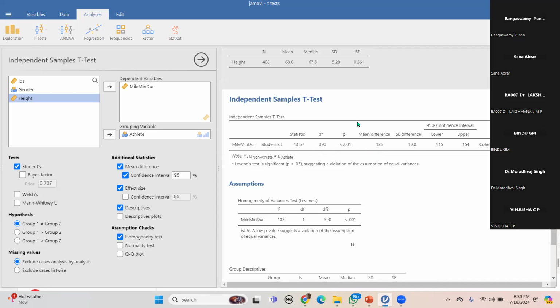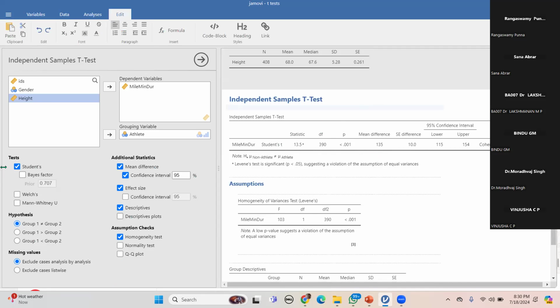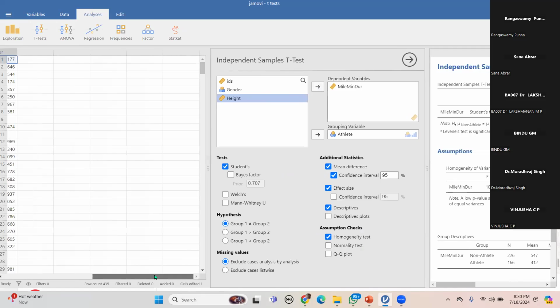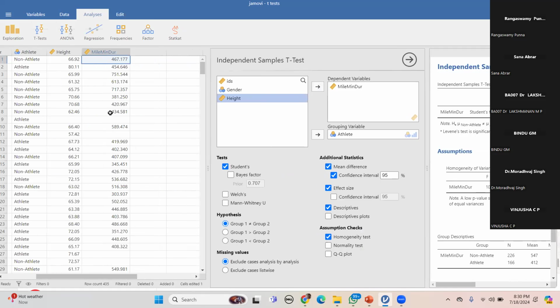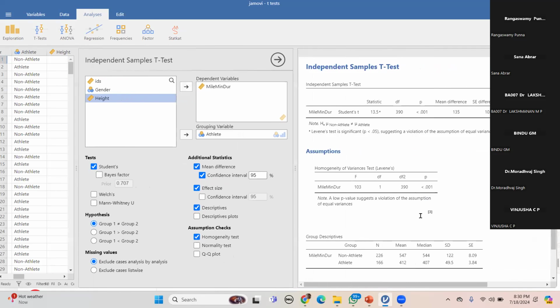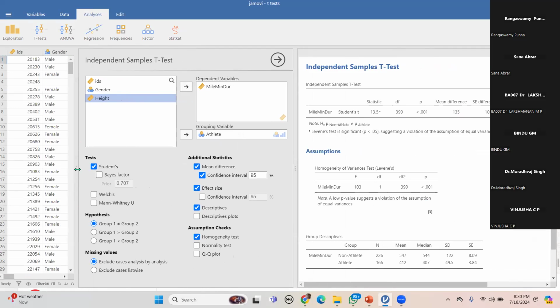What is the data set we have? We have miles per minute duration. Based on this test result, you can see the mean difference is 135 miles per minute duration. I think there is something wrong with this particular data. Just give me one minute.